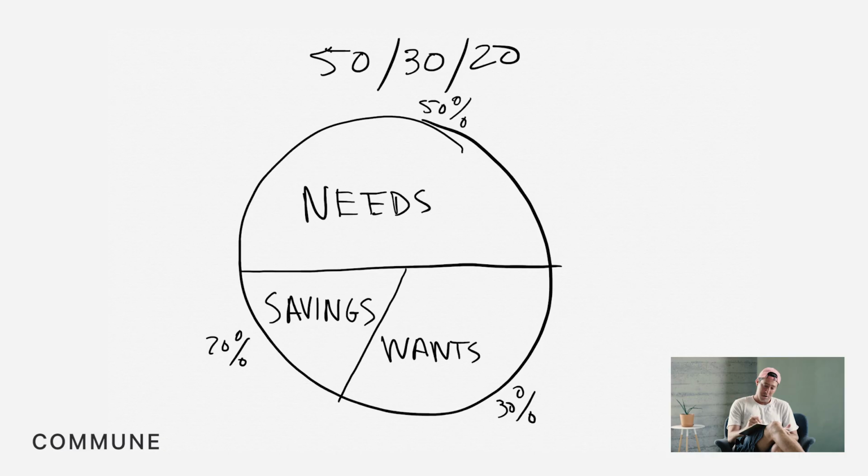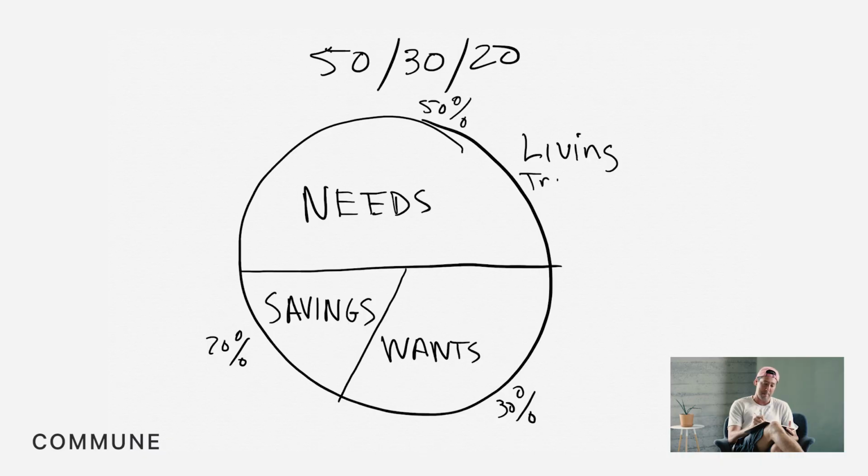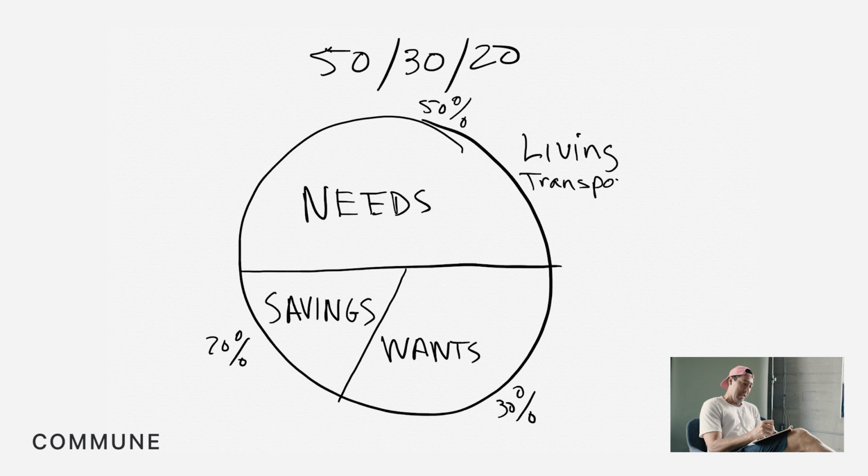So that's a for sure essential that money has to get allocated towards. Transportation doesn't have to be owning a car. Nowadays you have Uber, or if you live in the city, you can get around with these scooter things. But transportation is going to be something that is an absolute need.